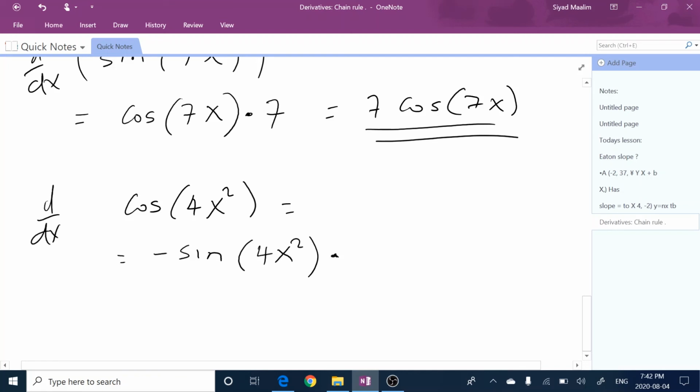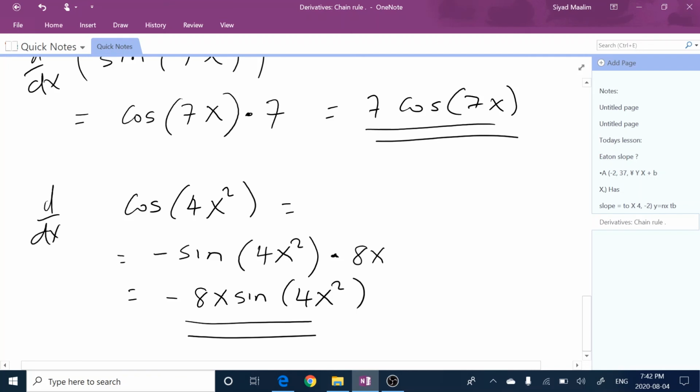The derivative of 4x squared is 8x. It is 2 times 4, reduce the power by 1, that becomes just 1. So this will be minus 8x sine of 4x squared.